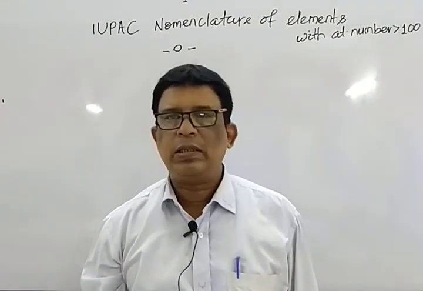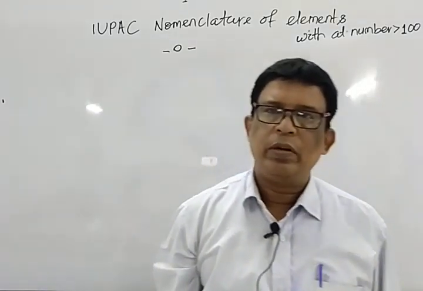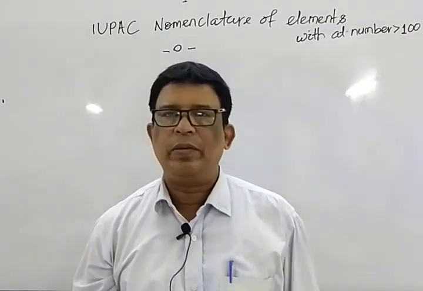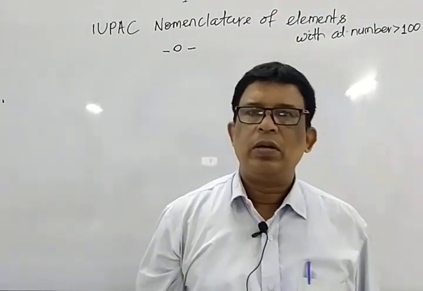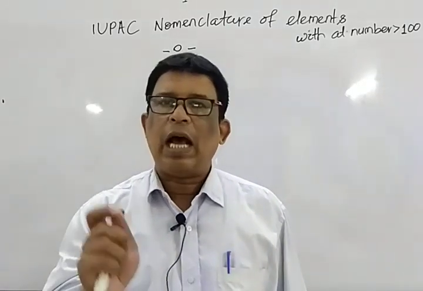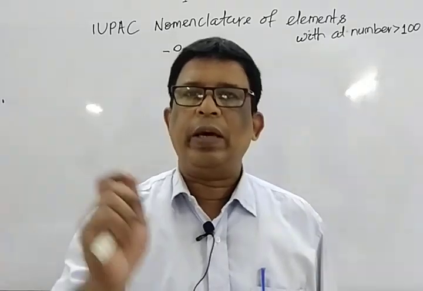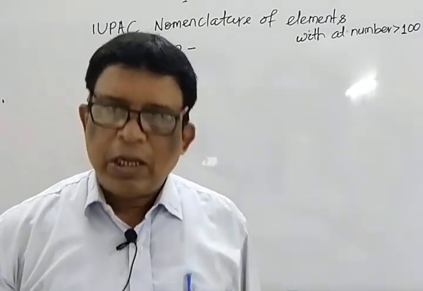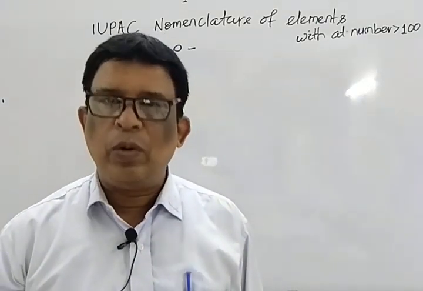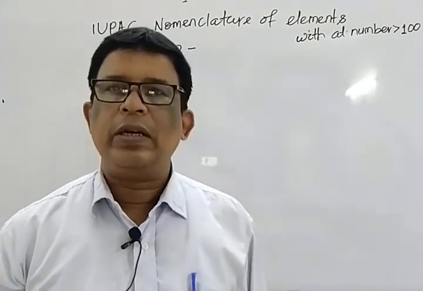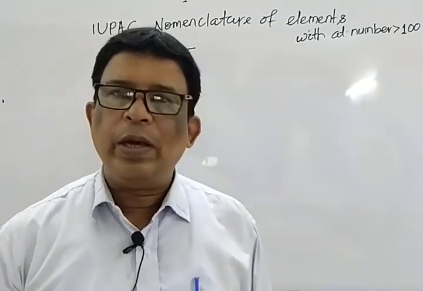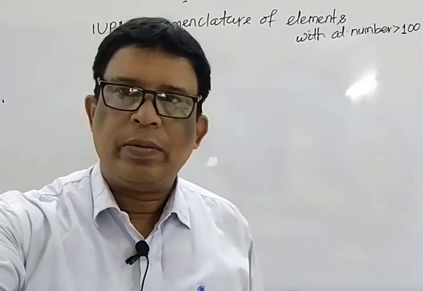There are 2 to 3 points we have to remember. Their names are derived directly from the atomic number by using some prefix, root word, and adding IUM. Let us verify from a table how one is able to write the IUPAC nomenclature, that is the systematic way of naming an element having atomic number greater than 100.